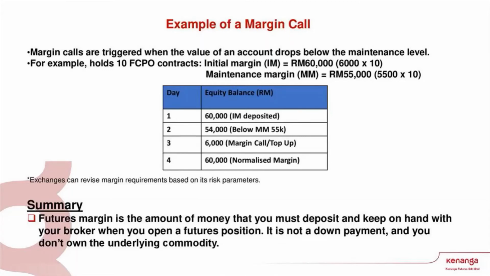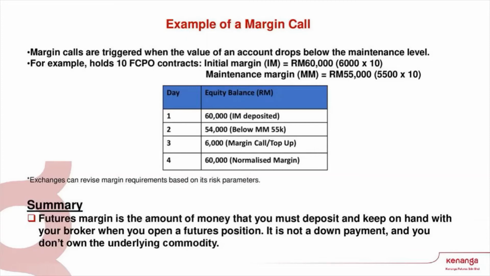For example, let's say a trader holds 10 FCPO contracts. The initial margin is 6,000 and the maintenance margin is 5,500. So for 10 contracts, the total is 60,000 and 55,000. On day one, let's assume the trader puts in 60,000 to begin trading.